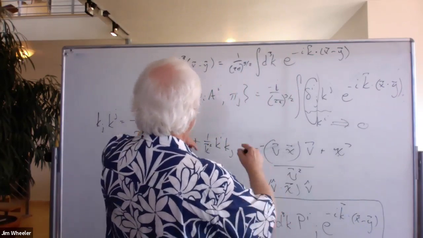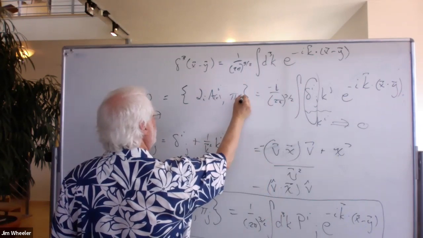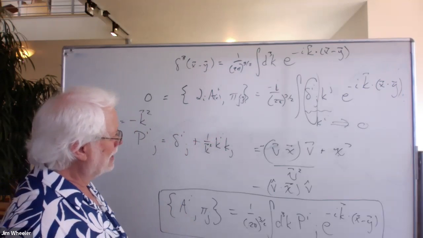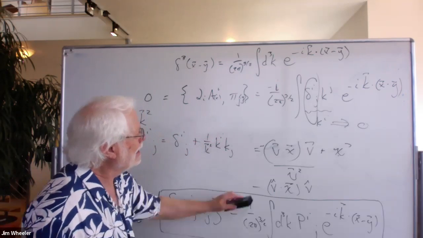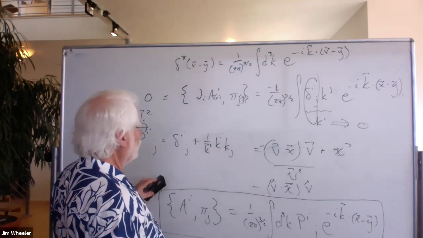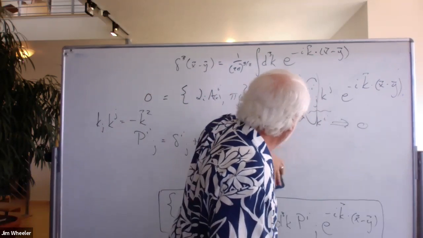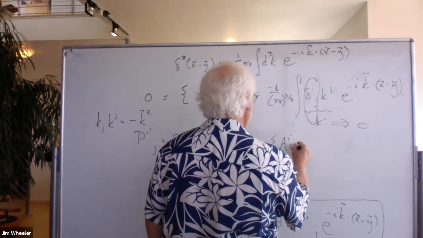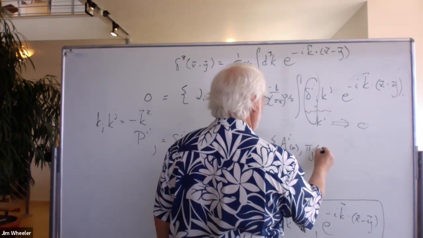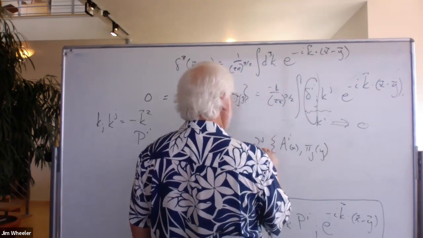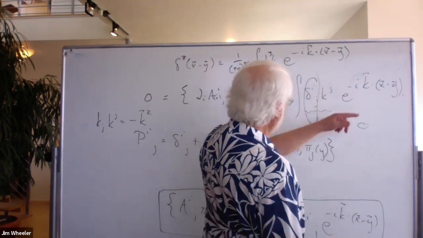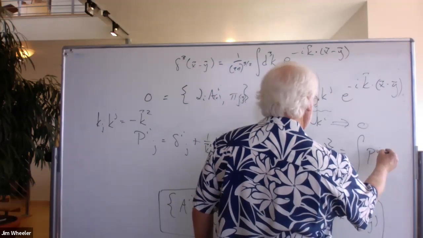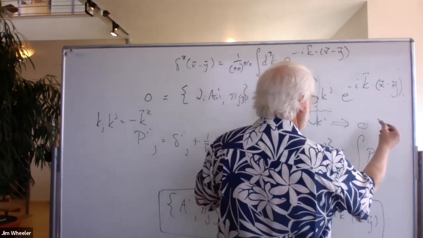This was A of x and pi of y, but the right-hand side is symmetric in x and y. So if I take a y derivative of this thing, so if I've got A_i of x pi_j of y, and I take d_j of that, on this side, I've got this integral of a projection P_ij, and this derivative is still going to pull down a k.